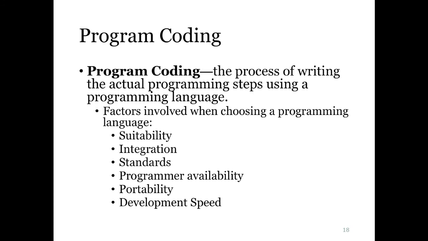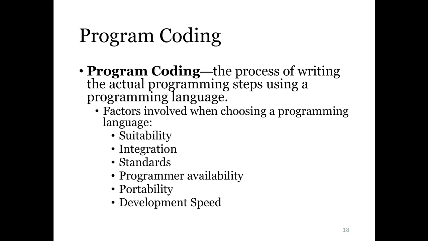So if the programmer is only good at Visual Basic, and it also fits your other needs, then maybe your program should be written just in Visual Basic. And portability: whether the program is portable to other systems, and how fast you want to develop the system.